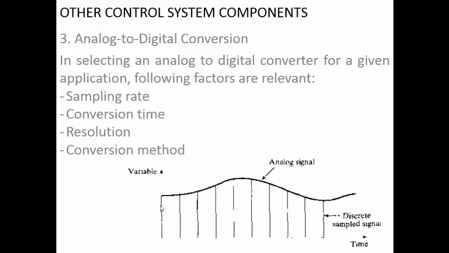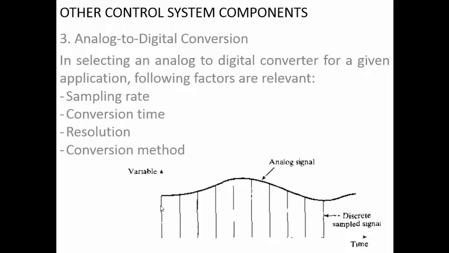Now we have already discussed that one analog to digital converter is going to be used for several input variables. For example, an analog to digital converter takes 5 seconds for conversion and there are 5 signals at the multiplexer. Then what should be the sampling rate?